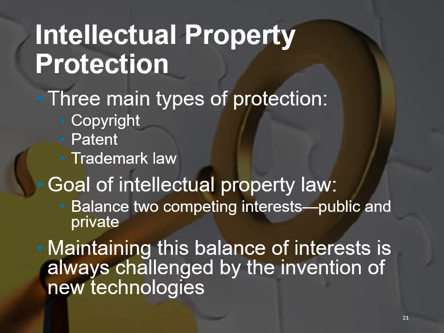Okay. So there are three main types of protection so far. Number one, copyright, patent, and also trademark law. Later we're going to talk about this in detail. Goal of intellectual property law: what should the law do? The law is to balance two competing interests, public and private.